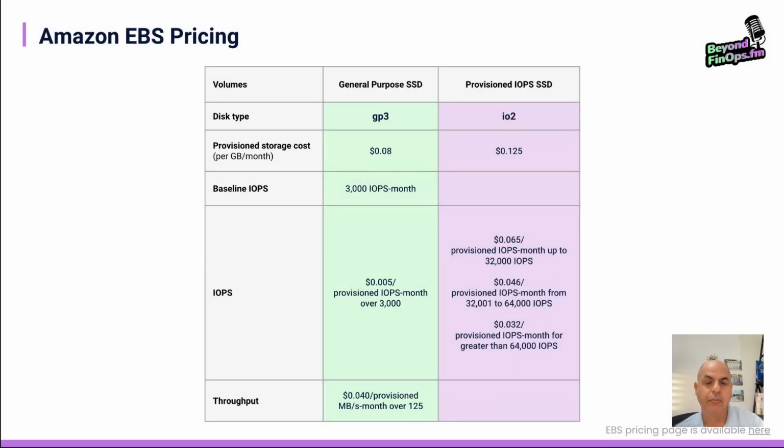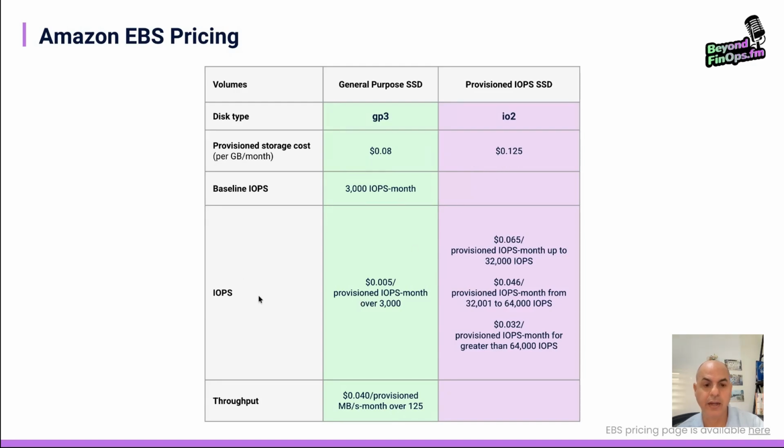When it comes to pricing, and when we compare the prices of GP3 to IO2, we should look at various price categories: the price per gigabyte month, the price per IOPS, and the price per throughput. We see the differences here on the slide. For price per gigabyte month, IO2 is more expensive.